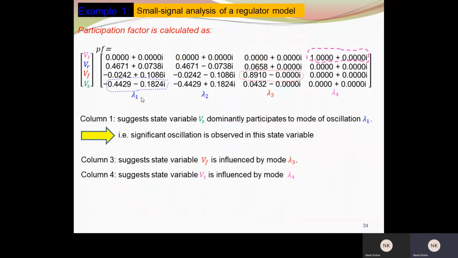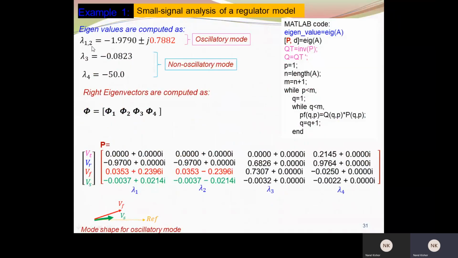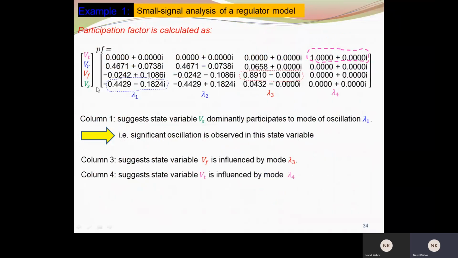Now if you look at column 1, we find here that for the eigenvalue lambda 1, which is actually the oscillatory mode, along with lambda 2, the state variable Vs, from column 1, is suggested to dominantly participate in the mode of oscillation lambda 1 in terms of the amplitude we observe here.